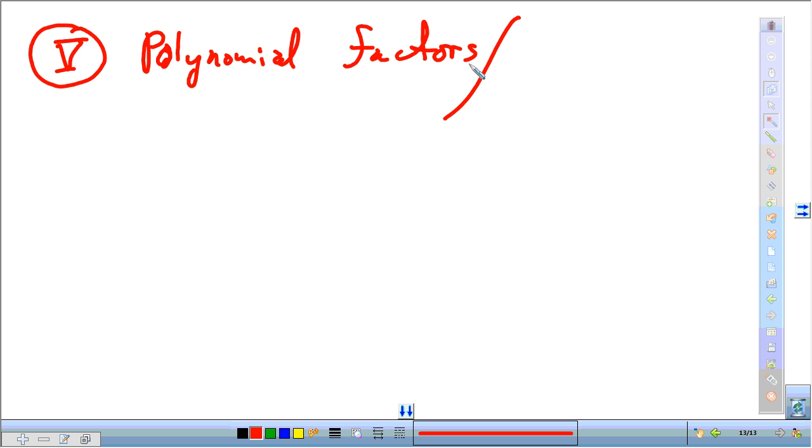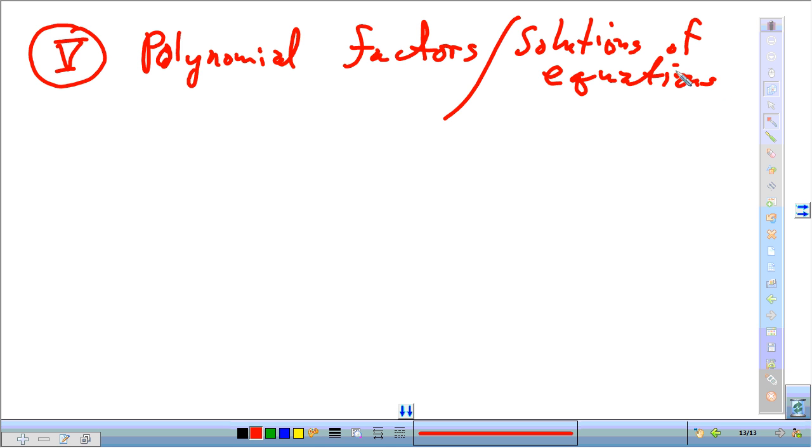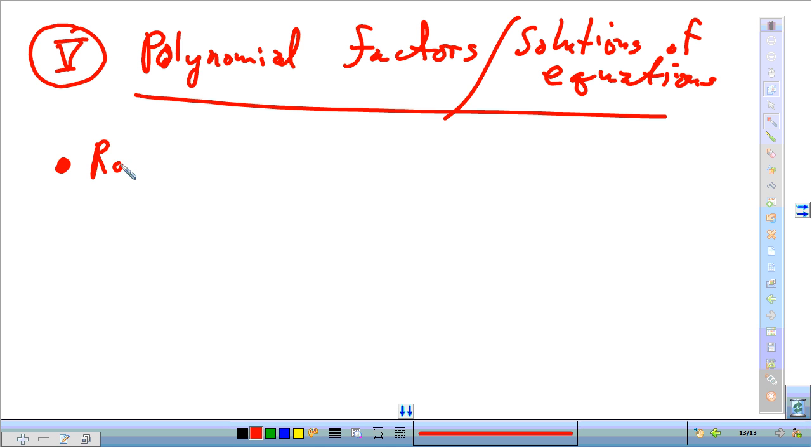Factoring polynomials has a lot to do with solutions of equations. So we're going to take those two ideas and bring them together. One basic fact is looking at roots of polynomials.